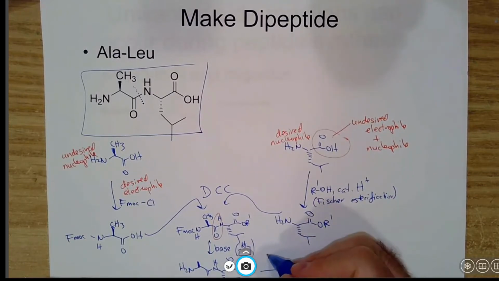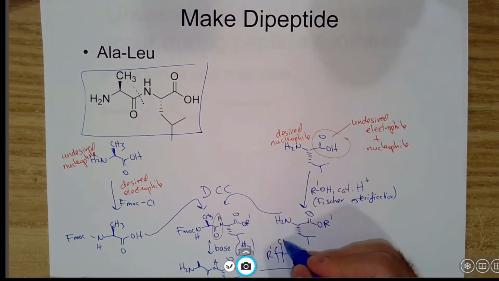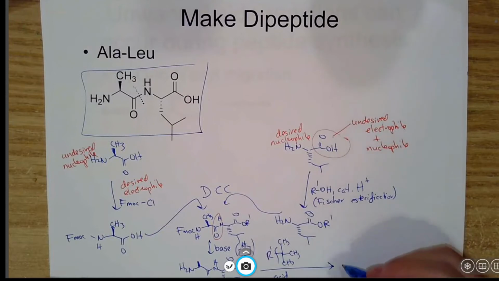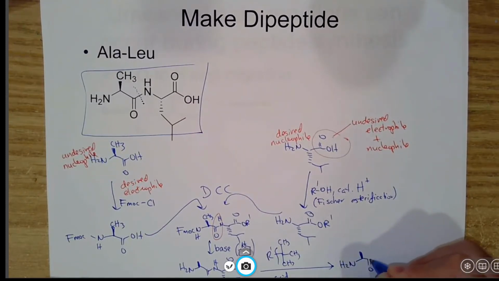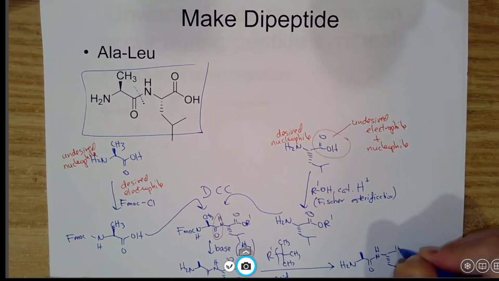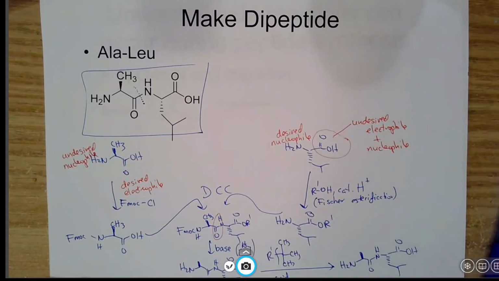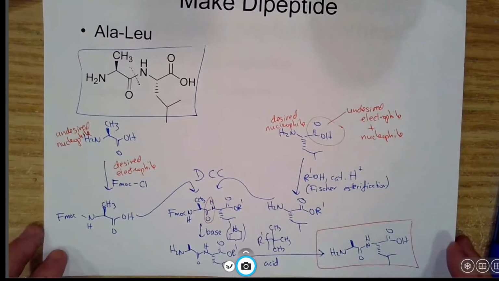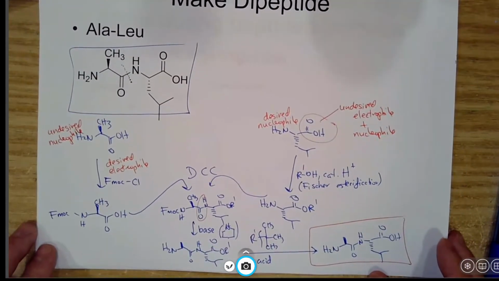So if this ester is like a tert-butyl group, then we can use some kind of acid to remove that group as a tertiary carbocation. And again, as I mentioned, we will talk and learn more about that later on. So that's how you make your desired dipeptide. Just going to bring that up so you can see all those functional groups.